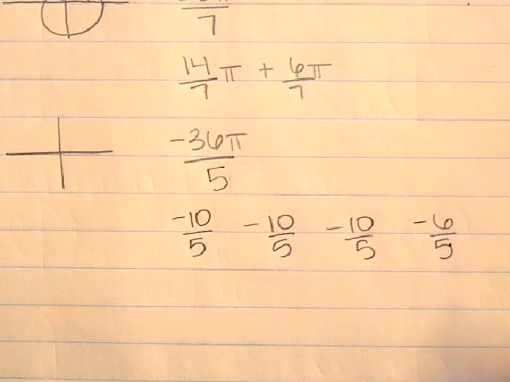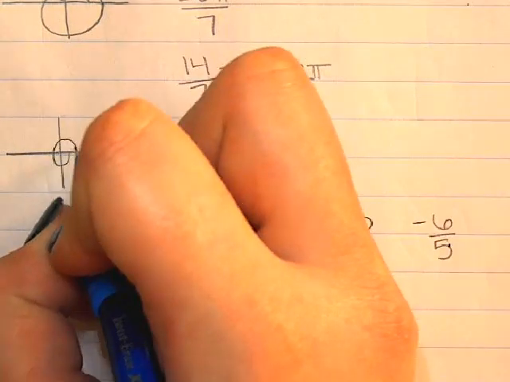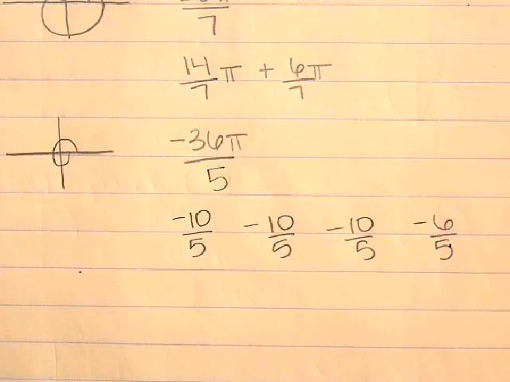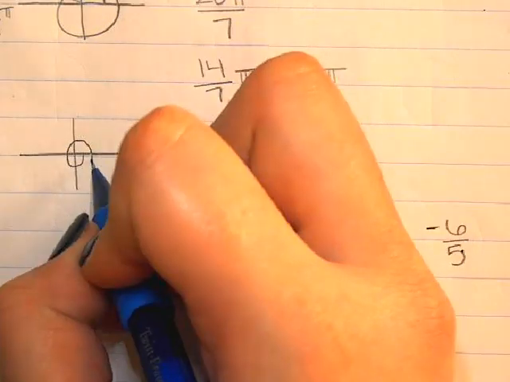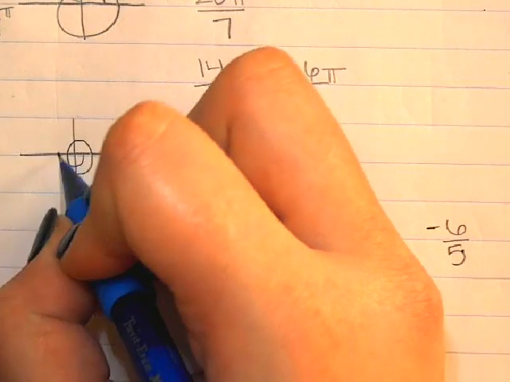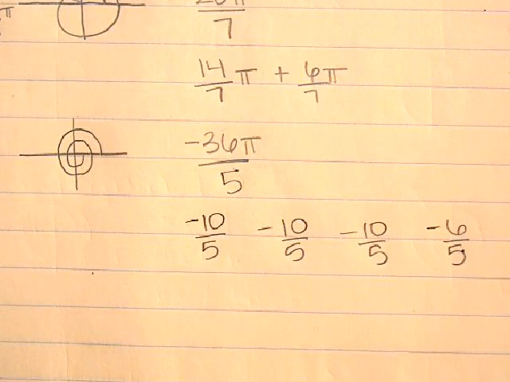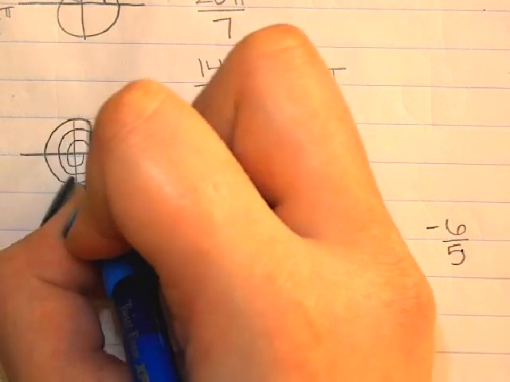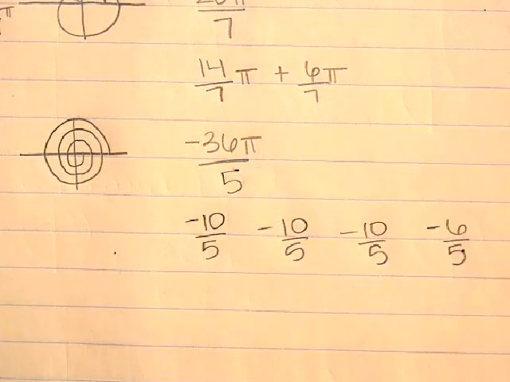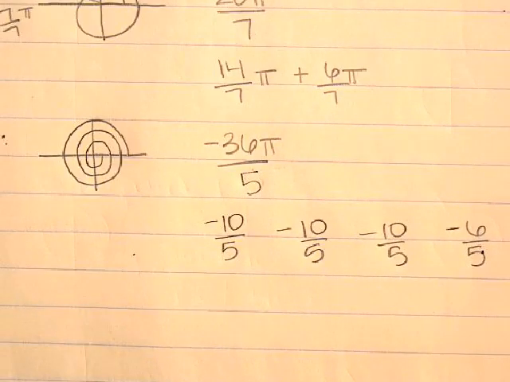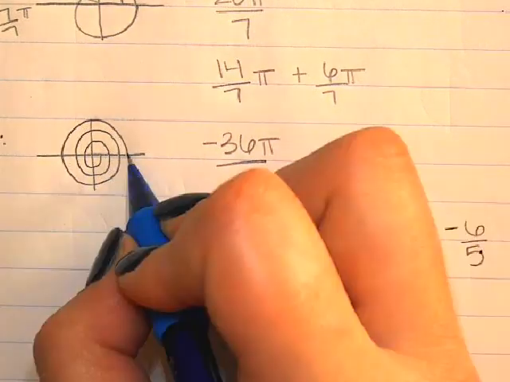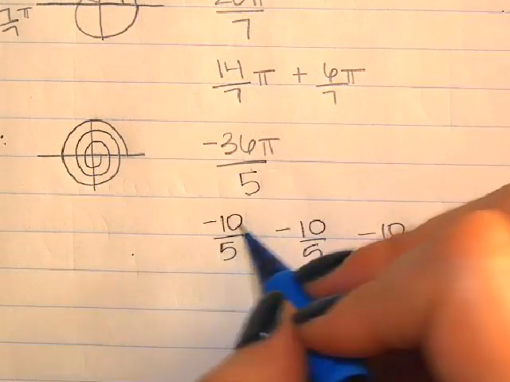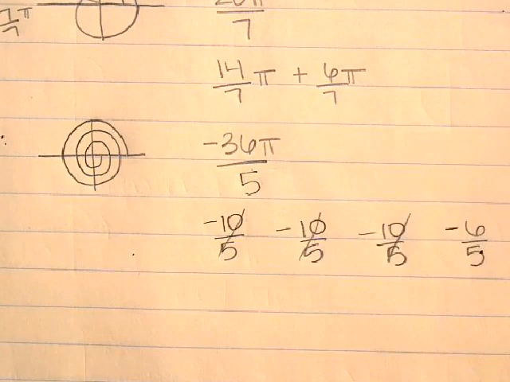Okay, so we got 1 full circle, 2 full circles, 3 full circles. We're going backwards. Now, when I go backwards, I've done the negative 10, negative 20, negative 30, because I've done 3 full circles.